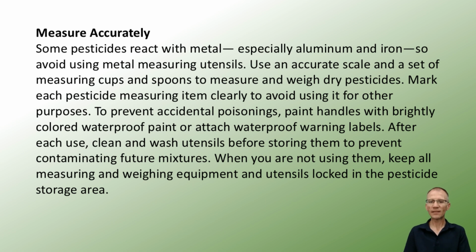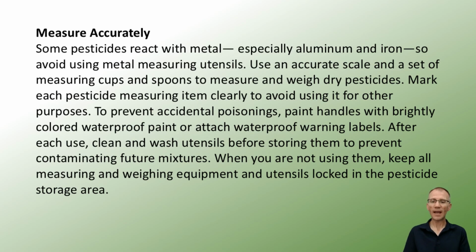To prevent accidental poisonings, paint handles with brightly colored waterproof paint or attach waterproof warning labels. After each use, clean and wash utensils before storing them to prevent contaminating future mixtures. When you are not using them, keep all measuring and weighing equipment and utensils locked in the pesticide storage area.